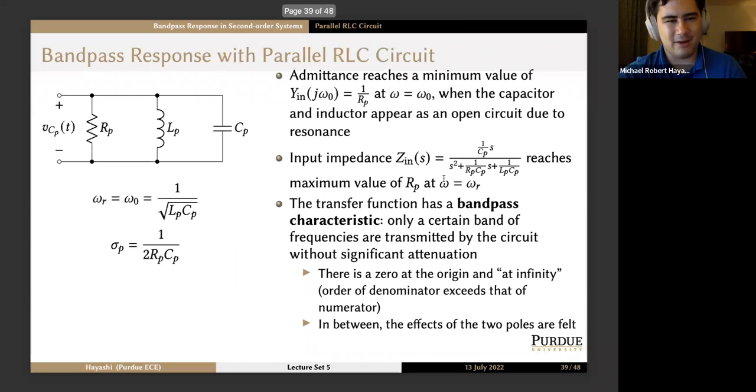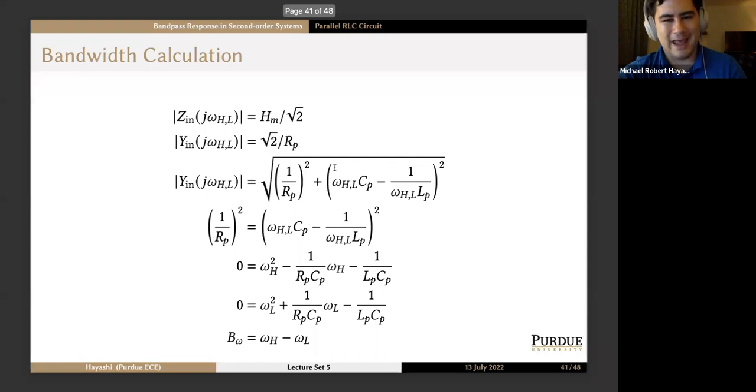This just comes from looking at our circuit and seeing what the admittance is. And then we're doing it at the cutoff frequencies. Well, now we have two equations for the impedance magnitude at that particular frequency. We can just relate them.